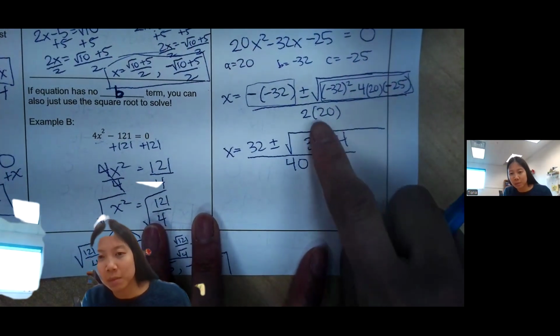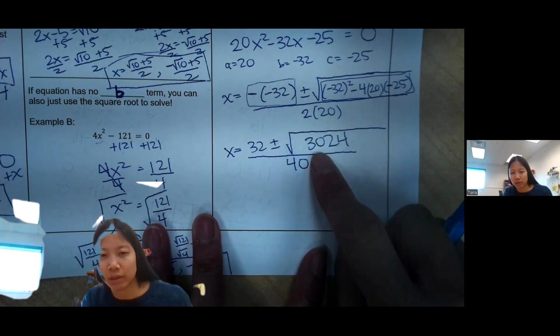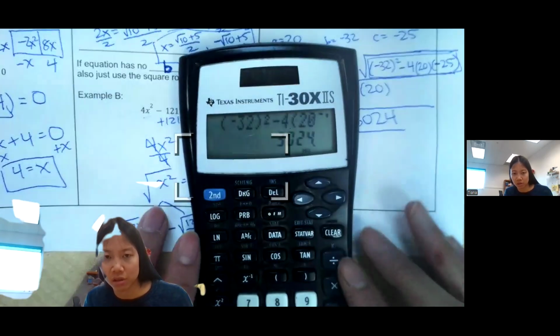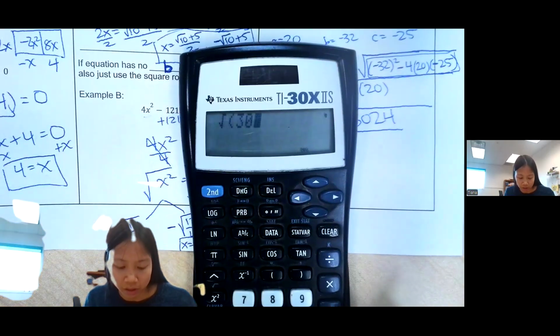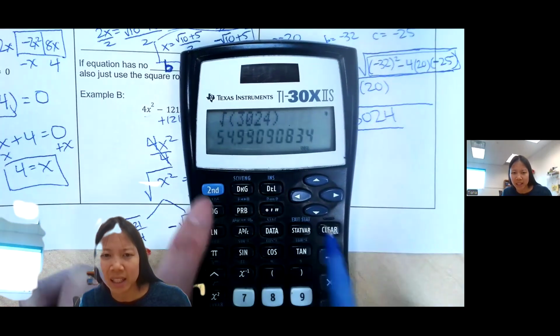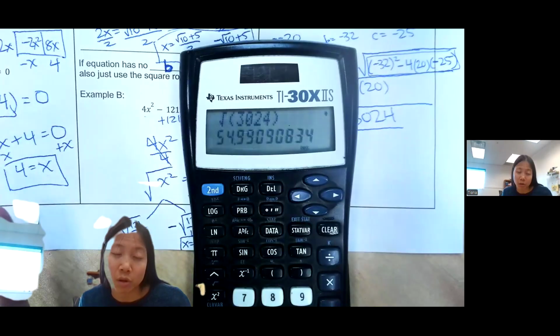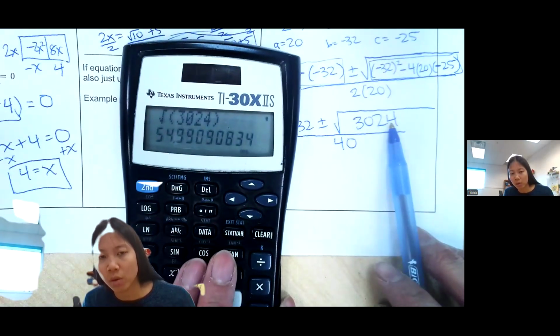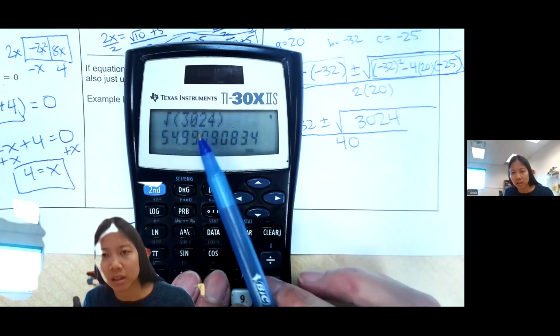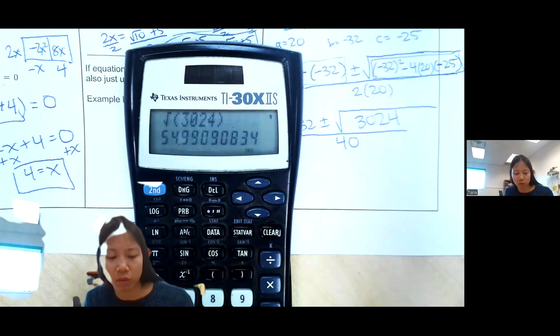All right, next up, we can simplify by taking the square root of 3024. I'm just going to do the square root, second, x squared, of 3024, and I get 54.99. So almost 55. I can leave this in this form if I want to, or I could keep it as 54.99.